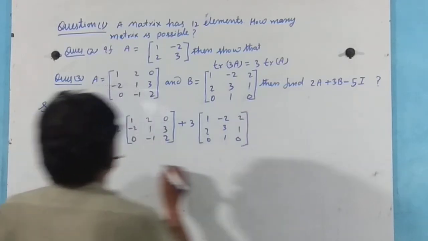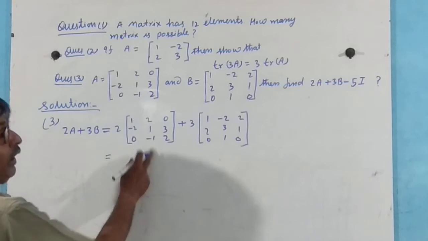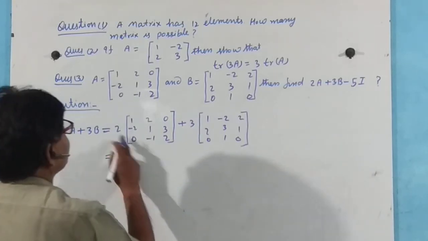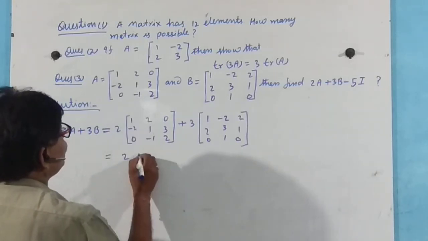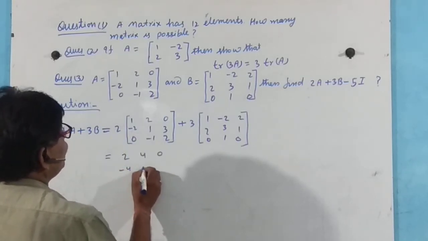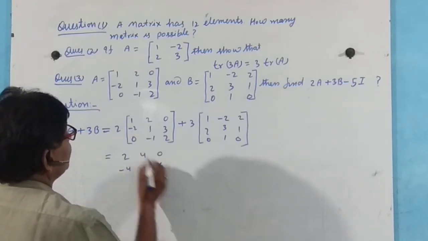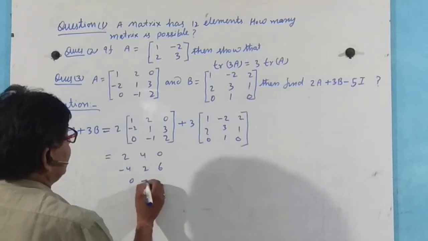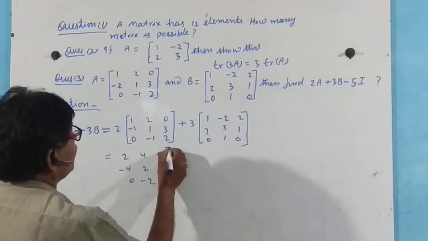Now multiply each element: 2 ones are 2, 2 twos are 4, 0, minus 4, 2, 2 threes are 6, 0, minus 2, 2 twos are 4.